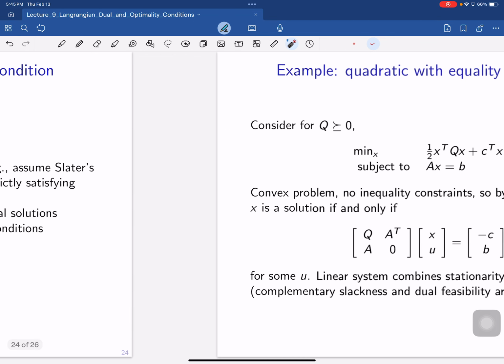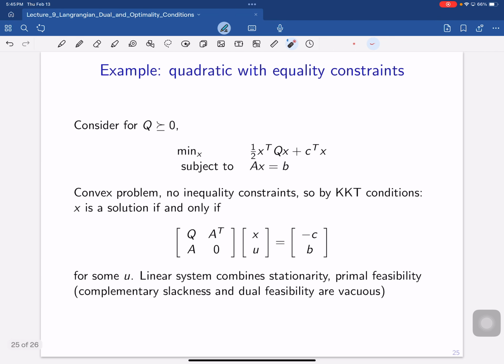Okay. And then how do you apply KKT conditions to a convex problem? You could, for example, apply it to a quadratic problem with linear equality constraints. You can write down the KKT condition. Actually, for this particular problem, you could just solve a linear system to get the optimal solution. Right?